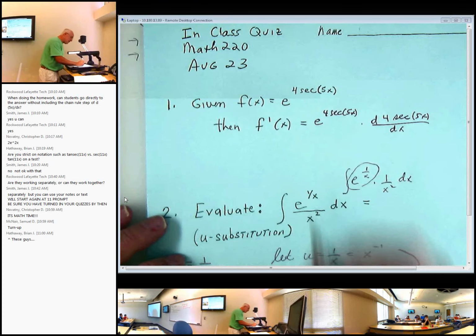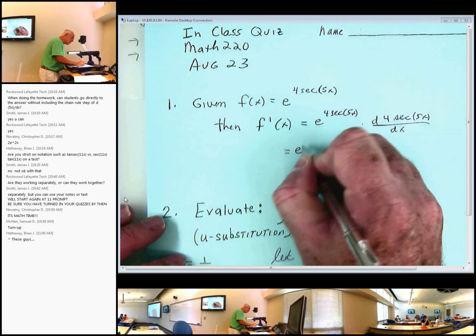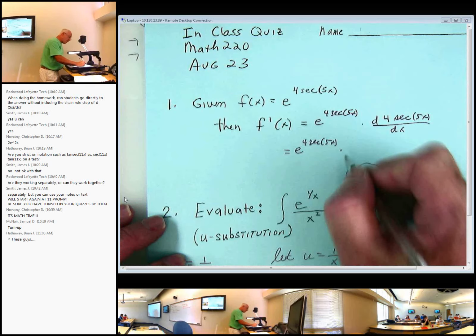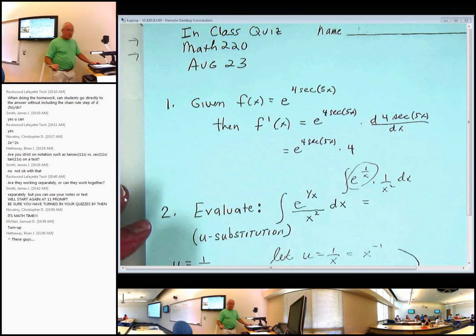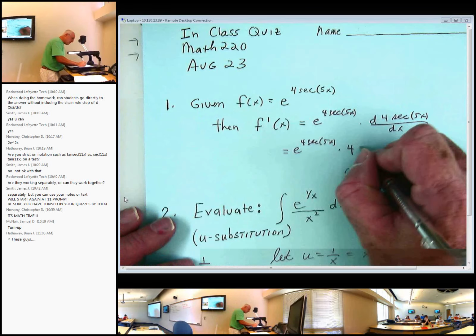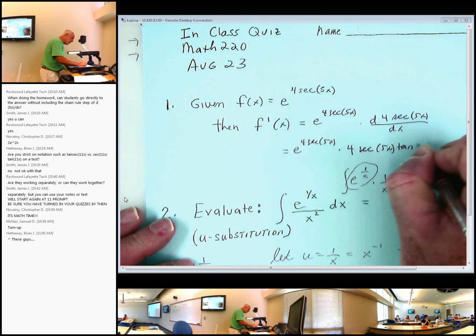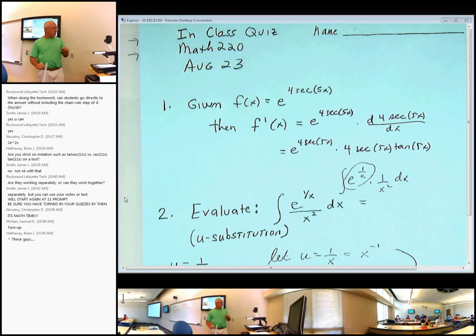Okay, so what does that give us? That gives us e to the 4 secant of 5x times what? Well, we've got a 4 here. Now, the derivative of the secant is the secant times the tangent, so we have the secant of 5x times the tangent of 5x, and this is the mistake that I saw at least in one paper.